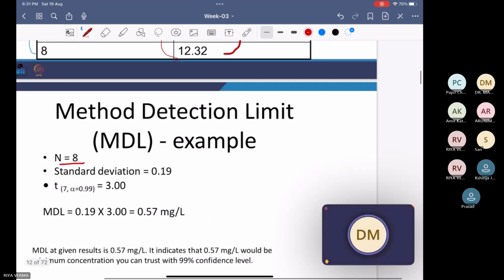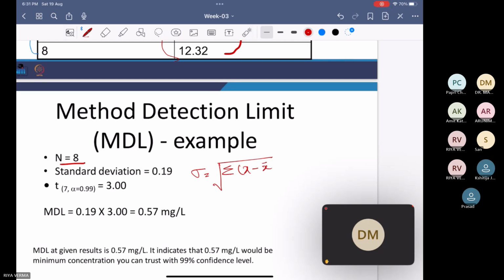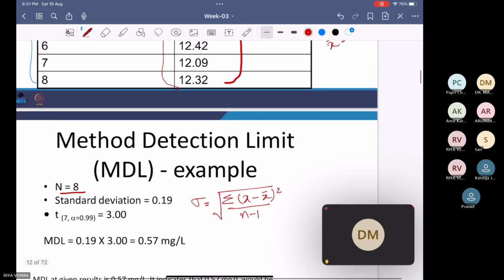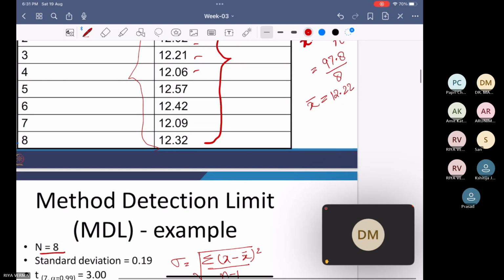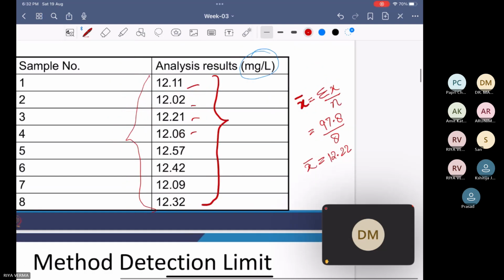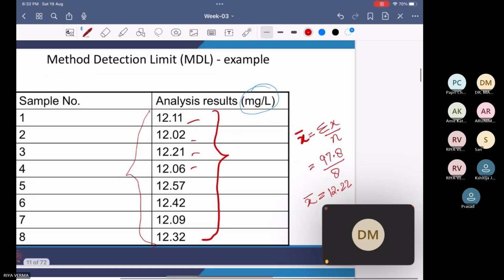तो ये तो आ गया x बार। अब स्टैंडर्ड डेविएशन का फॉर्मूला होता है: standard deviation is equal to under root summation of (x minus x bar) whole square divided by n minus 1. तो अभी we need to, यहाँ पर हम एक कॉलम और क्रिएट कर लेते हैं.